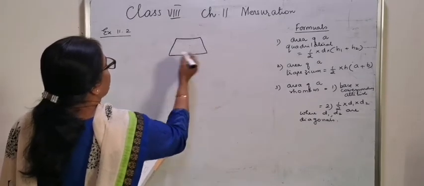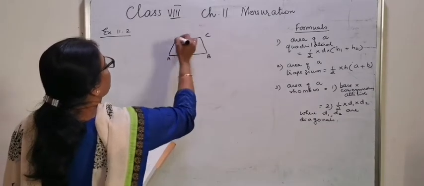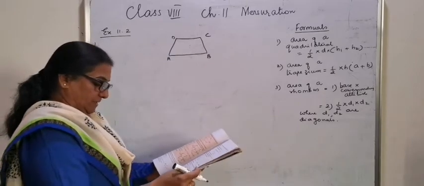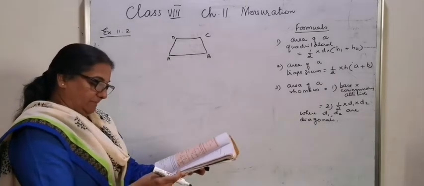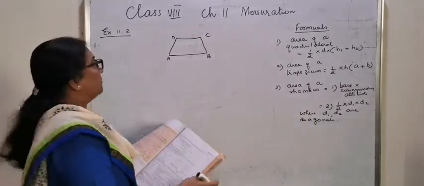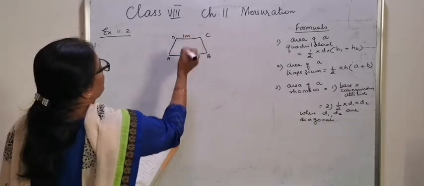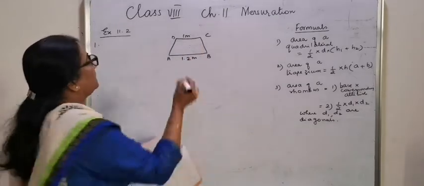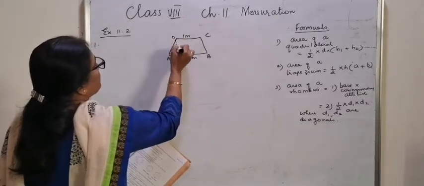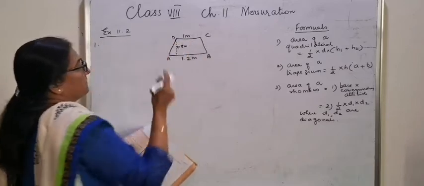It's a trapezium ABCD. The tabletop is in the shape of a trapezium. Parallel sides are 1 meter and 1.2 meter. The shortest side 1 meter, longest side 1.2 meter and the perpendicular distance between them is 0.8 meter.